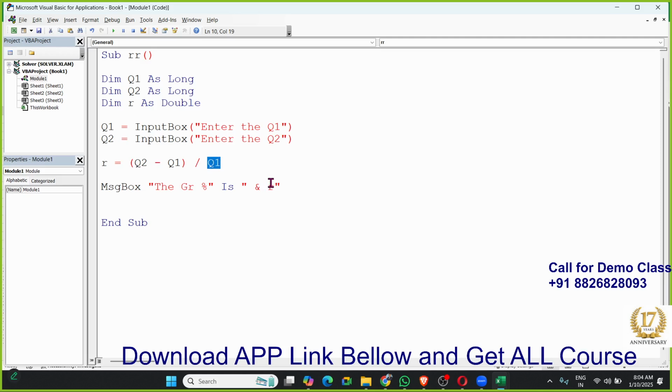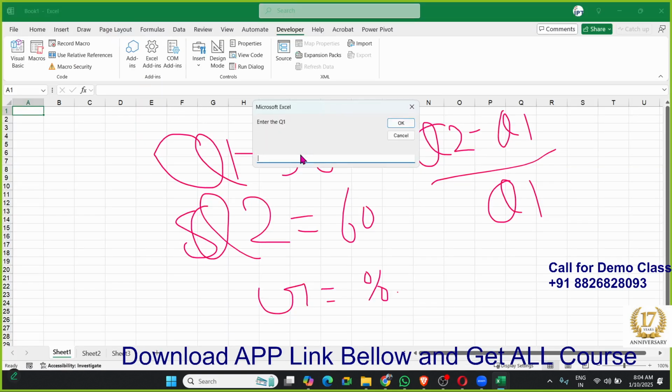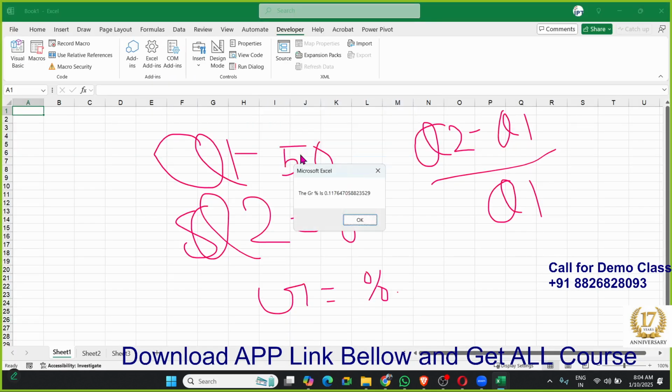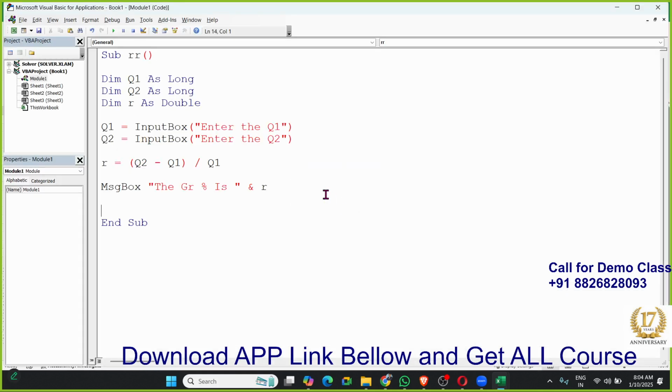And here is one problem. We run this macro and check the result. The result is not wrong, but it is in the wrong format. I want it in percentage.